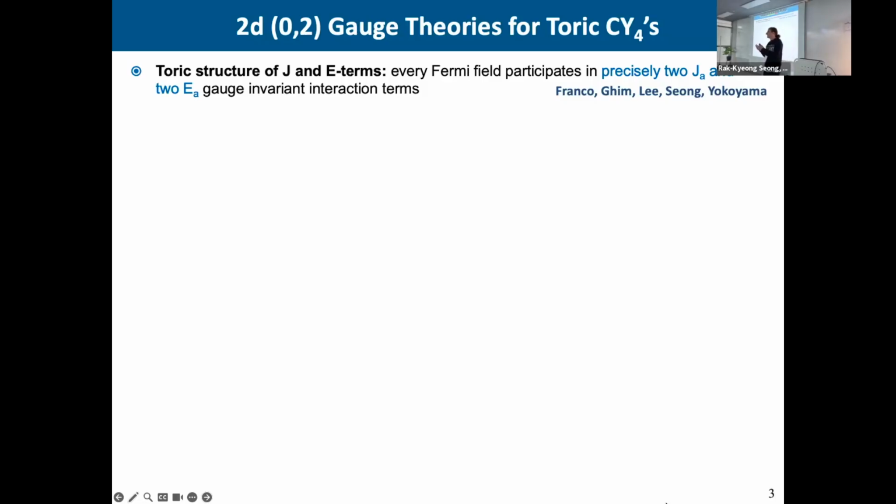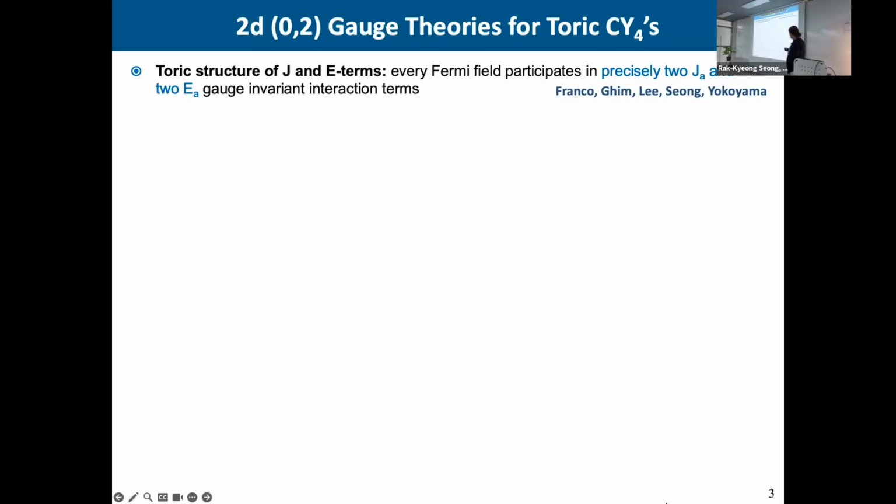What I told you is that the kind of theories that are engineered when you have a Toric Calabi-Yau fourfold on D1 branes are two-dimensional (0,2) theories with some additional structure. That additional structure is what endows them with some nice combinatorial properties, which underlies the entire brane brick models.